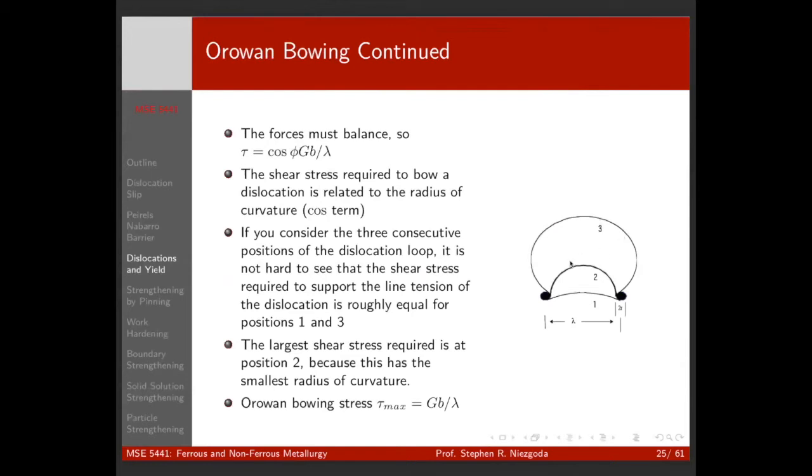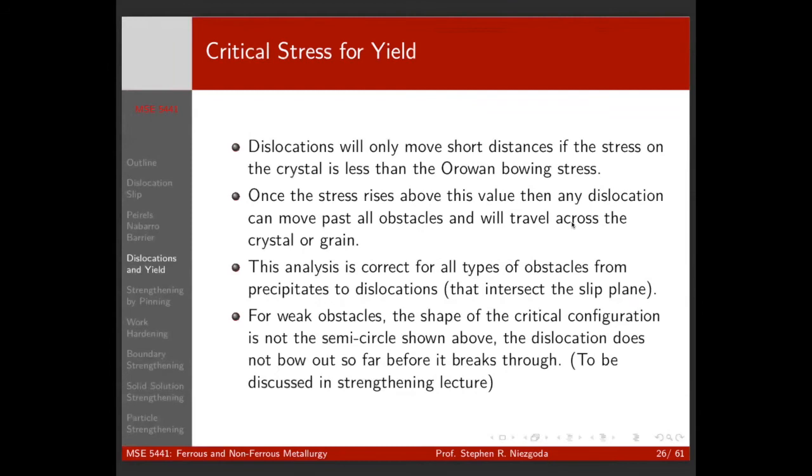We can work through the math and show that the Bowing stress is basically Gb over the separation. If we have a force greater than that, we'll be able to push this all the way through and activate this source.